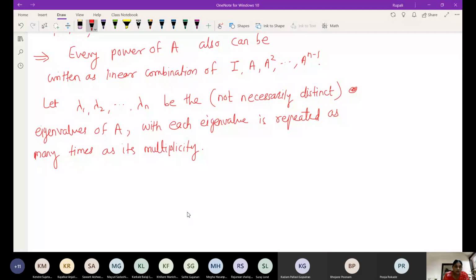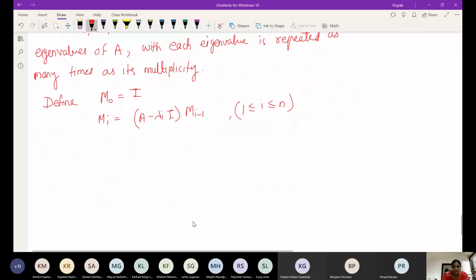Now define M0 equal to identity and Mi equal to (A minus lambda i I) times Mi minus 1. Give this the number equation 1.